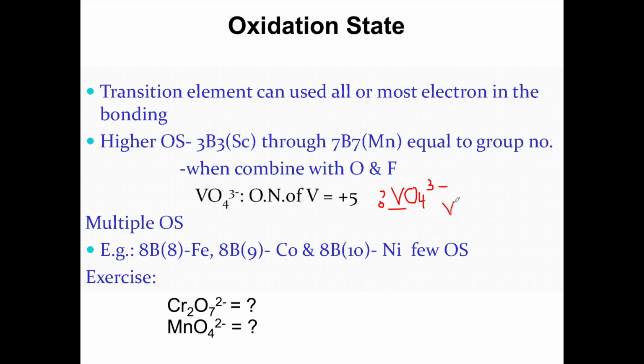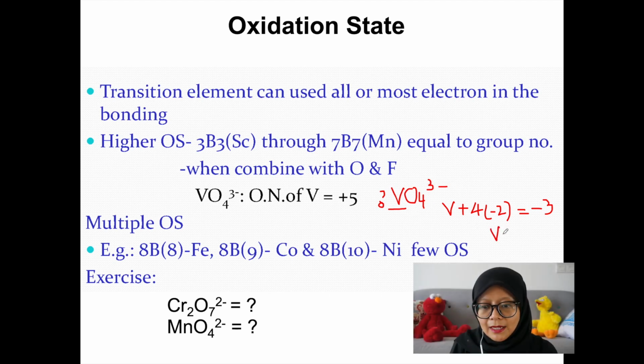You write down V plus 4 oxygen, 4 times -2, because oxide is -2, and then equal to -3, because the overall charge for VO4 is -3. So the vanadium is actually positive 5. This is how you need to be able to determine the oxidation state.